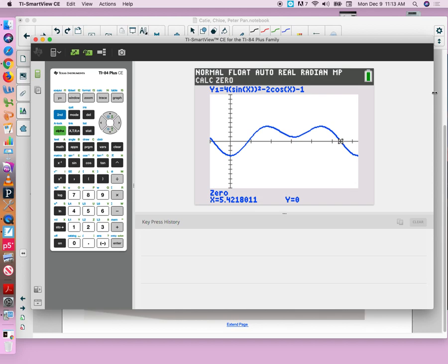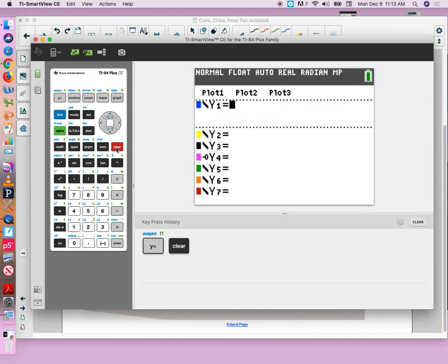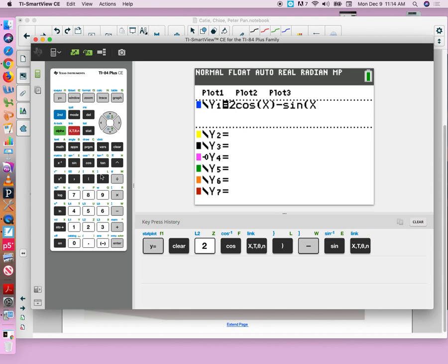All right, so we have y equals, did I give you 73? Yes. All right, 2 cosine x minus sine x. And it's already equal to 0.